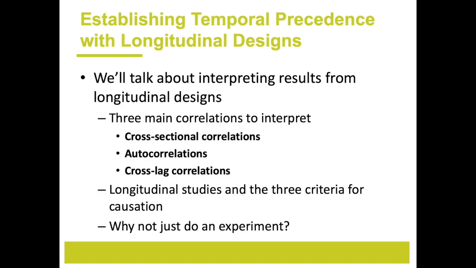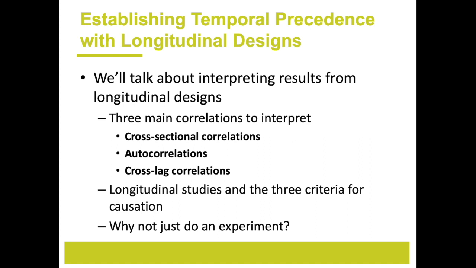So to establish temporal precedence, you can use what's called a longitudinal design. Longitudinal just means over time. Basically it would be a study where at time 1, people come in and do something, and then you bring them in again, and then you bring them in again sometime later.